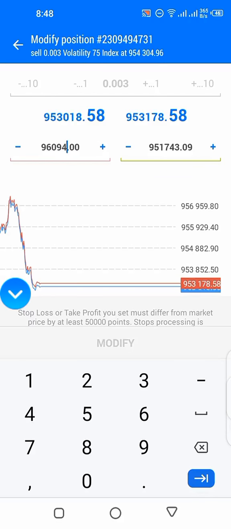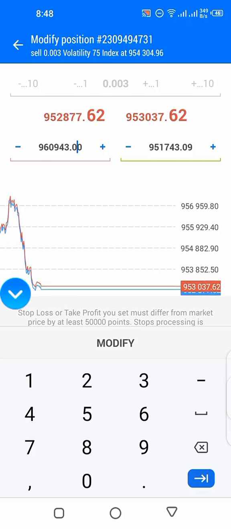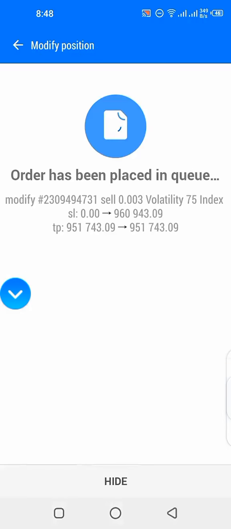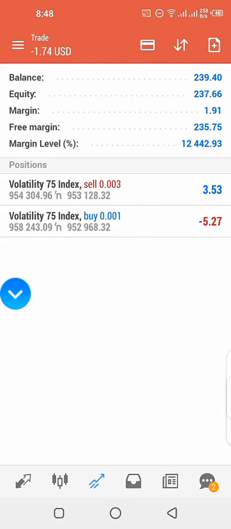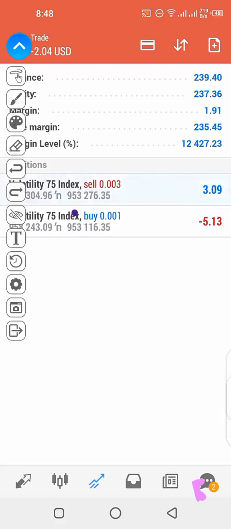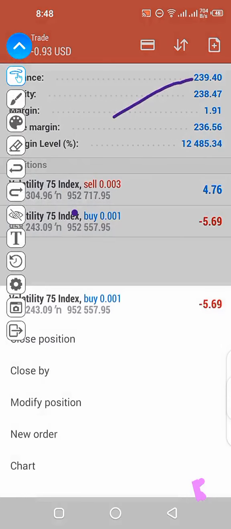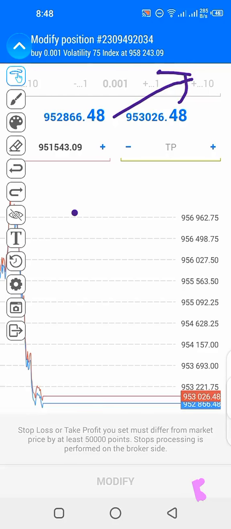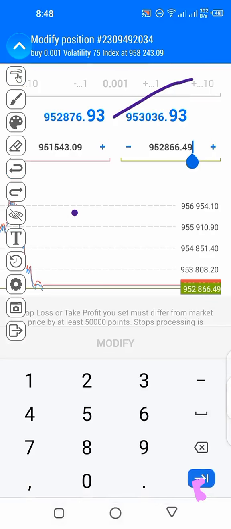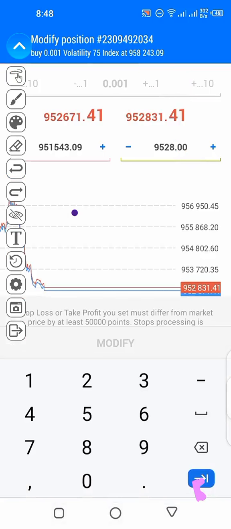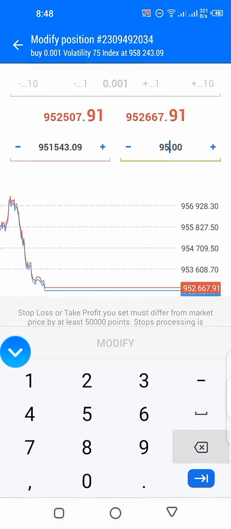I'm setting stop loss for the running trades. Right now my balance has increased to 239.40 because of the initial take profit that got triggered at the start of this trading session.